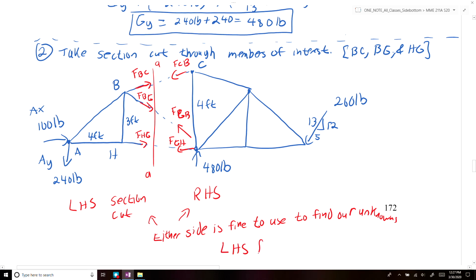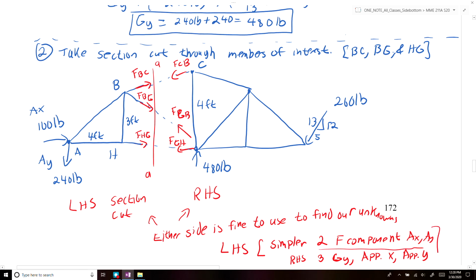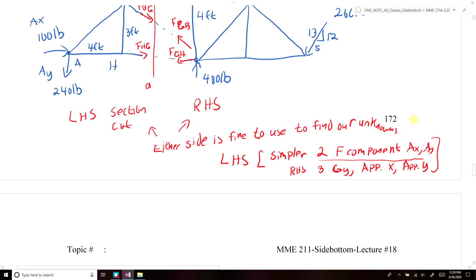The reason is that it's a little bit simpler because it only has two force components, AX and AY, while the right-hand side has three force components: G of Y, the applied force's X component, and the applied force's Y component. So that's why we're using the left-hand side, but you could totally use the right-hand side. You'd get the same exact answer.